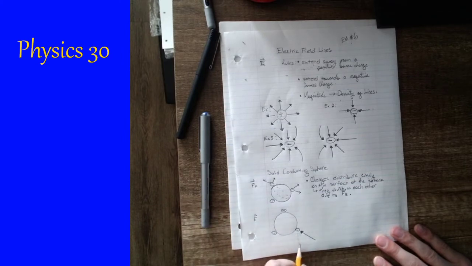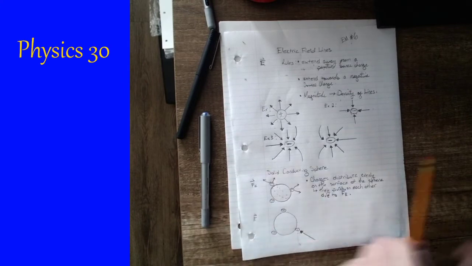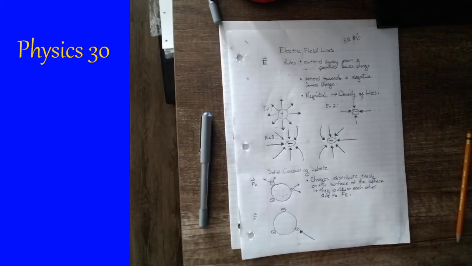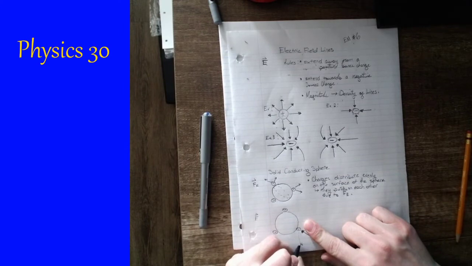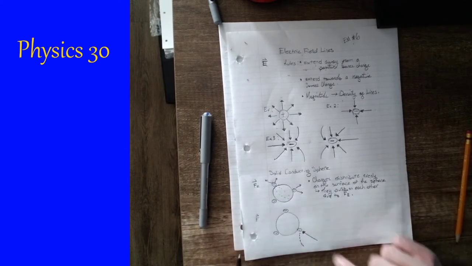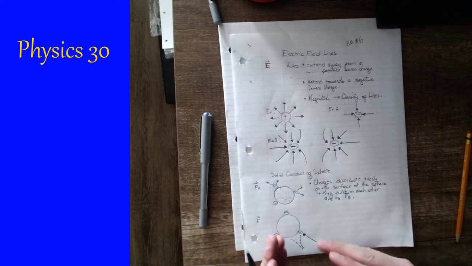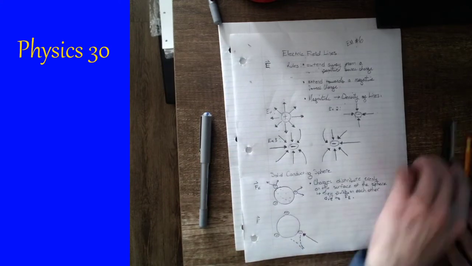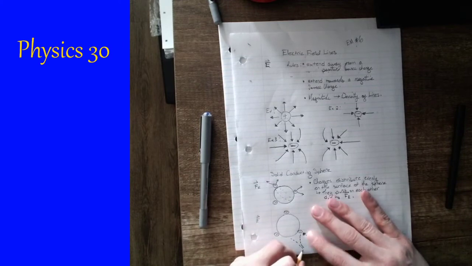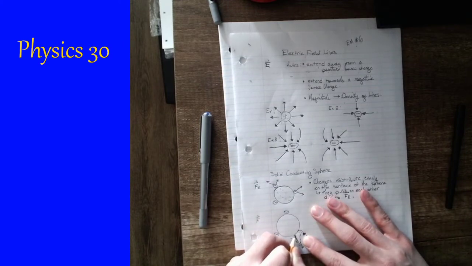You guys can see that line. That negative charge is going to want to bring it towards it, but so will that other negative charge over here. And so what ends up happening is your electric field still points straight down.